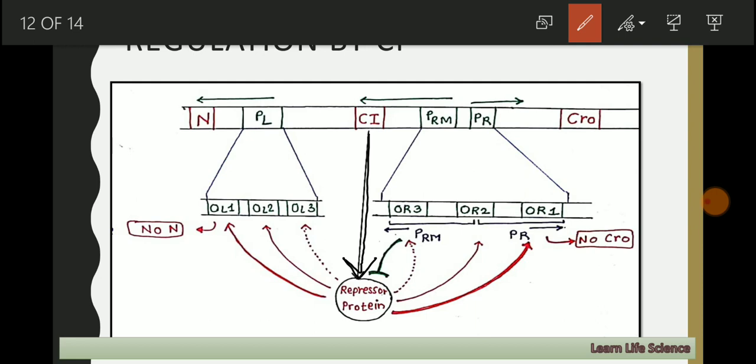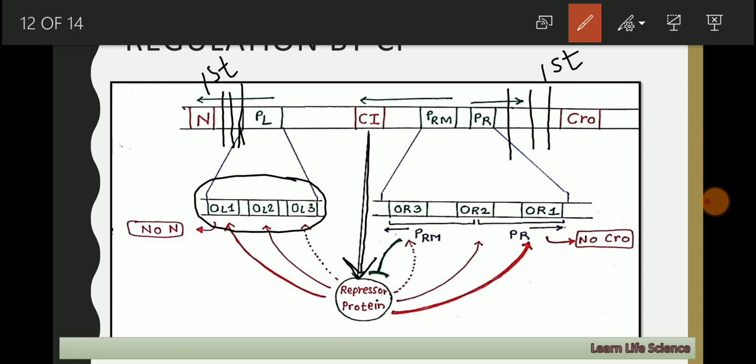Okay, now the promoter PL is having 3 operator regions, means you can see here there is OL1, OL2, OL3. Here there is OR1, OR2, OR3. The first operator will always be at highest affinity to the structural gene. Okay, always remember the first operator region, that is OL1 and OR1, will be at the highest affinity to the structural gene it transcribes.